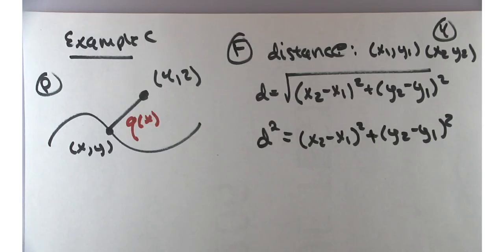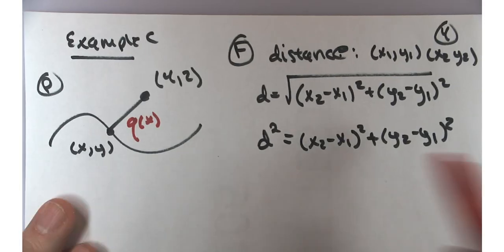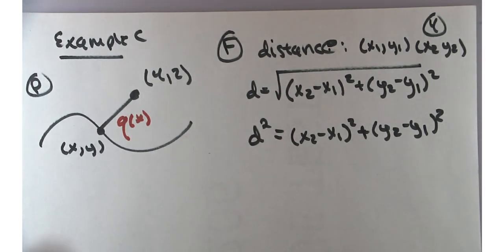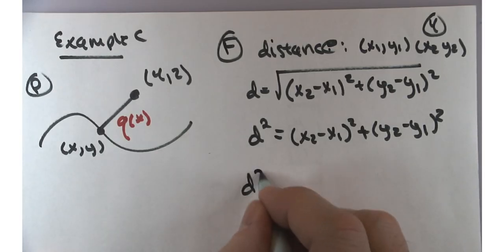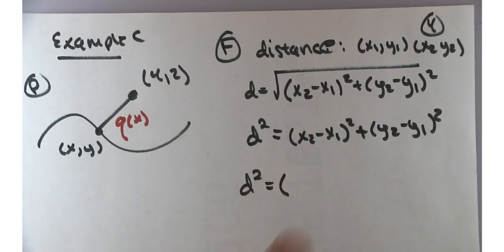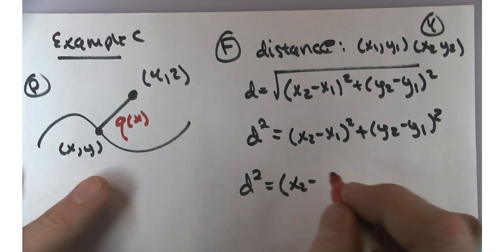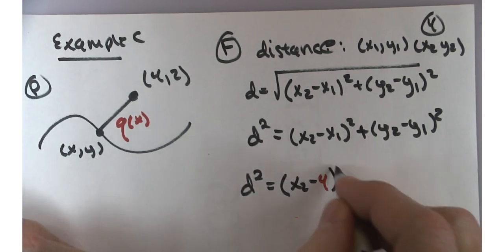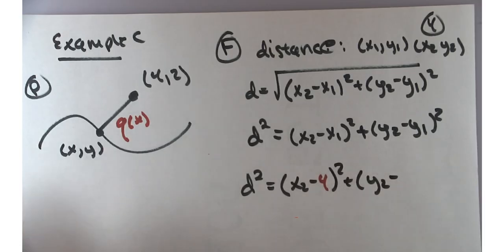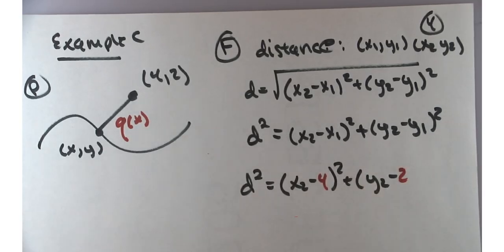Now, we still have to work with this, because remember, we needed a function of one variable. We don't have that yet. John, let's start putting some stuff into this function. What do you think I could put in for starters? All right, 4 and 2. Those are constants. So it's going to be x2 minus 4 squared plus y2 minus 2, and that's also squared.